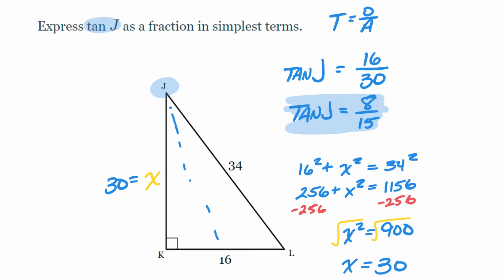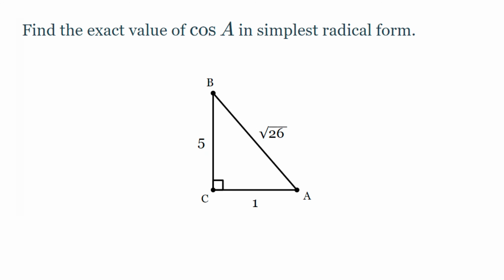So hopefully we're not too terrified of our trig as of now. We're going to add some radicals in here, but I just want you guys to stay calm as we work through these. So in this one, we're asked to find the exact value of cosine A, and leave it in simplest radical form.